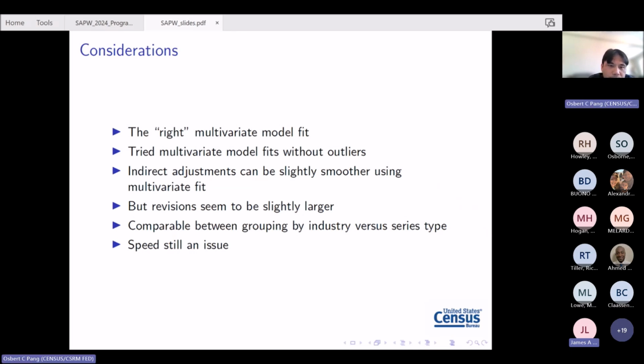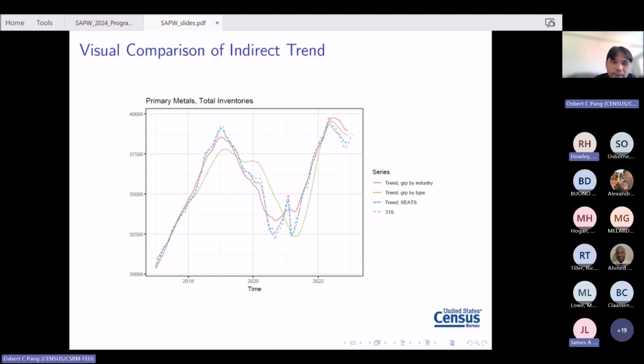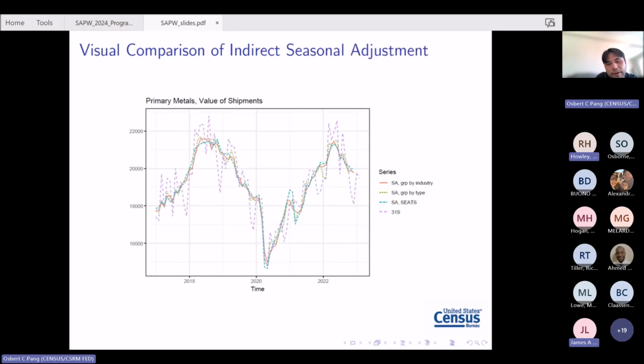But speed is the eternal issue, I guess, is how I would put it. For comparison, if we fit this sort of setup in X11 or seats, we would get the 3 seasonal adjustments in maybe a couple seconds at worst, maybe a little slower if we invoke the composite spec.